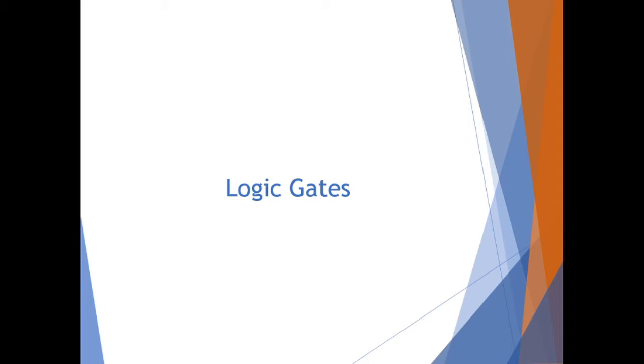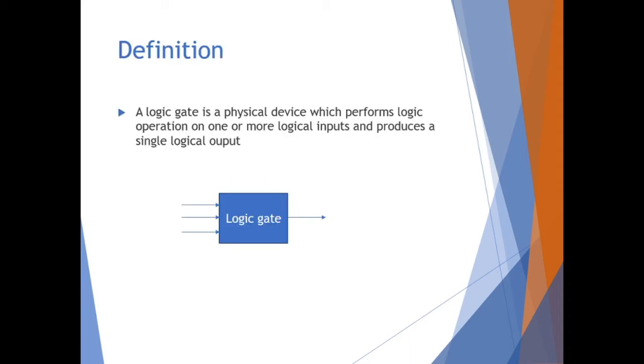So, logic gates. You all know gates are the building blocks to create digital circuits. A gate is a combination of transistors and it performs binary logic functions. I hope all of you know basic binary logic functions AND, OR, NOT.